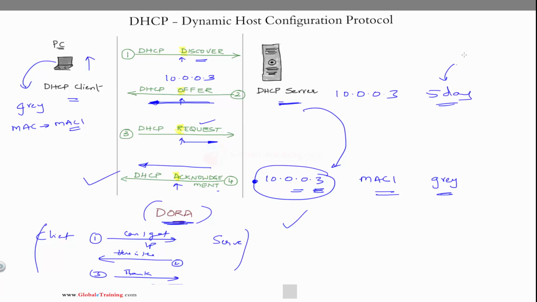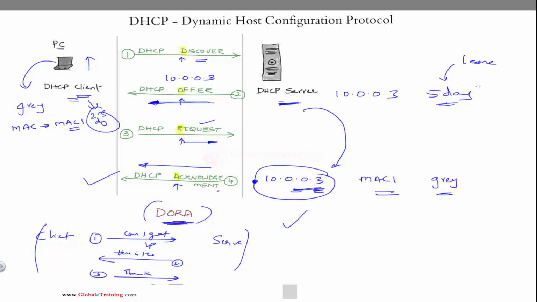That's the lease. That means this machine can use that IP address for 5 days. And then what happens after 5 days? This system will not wait for 5 days. It will wait for half the time. Meaning after 2.5 days, it asks, hey, can you extend my offer? Then it'll extend the offer.